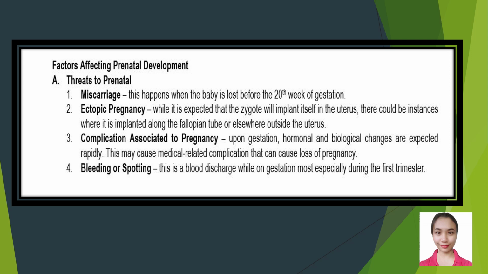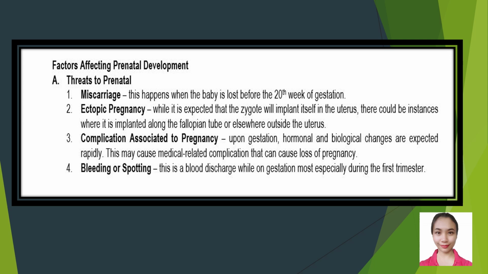Okay, next, we have number 4, the last, bleeding or spotting. This is blood discharge during gestation, most especially during the first trimester. Bleeding and spotting from the vagina during pregnancy are common. If you bleed or spot during pregnancy, it doesn't always mean there's a problem.